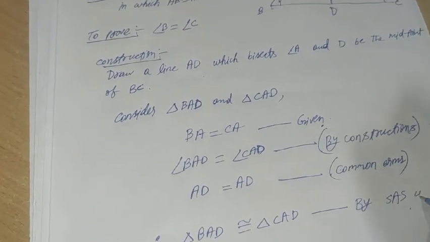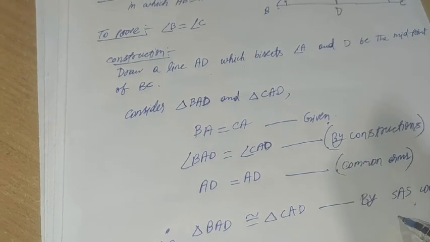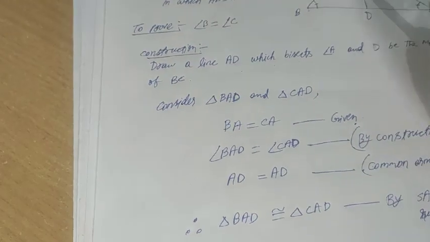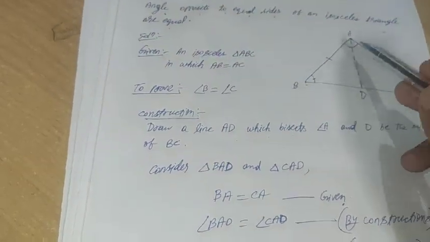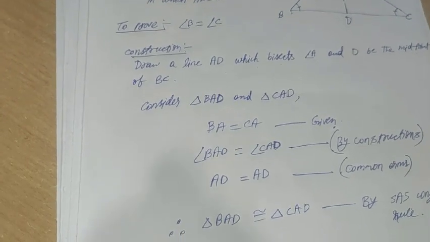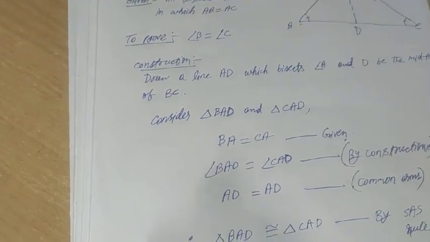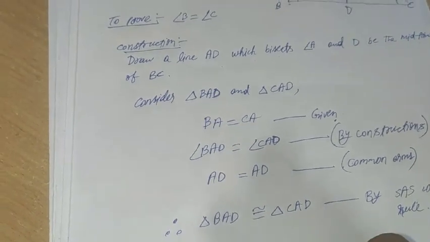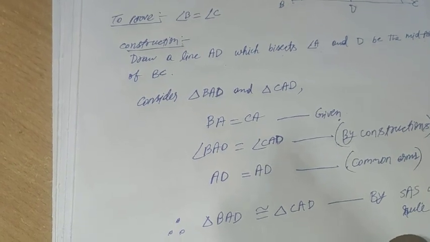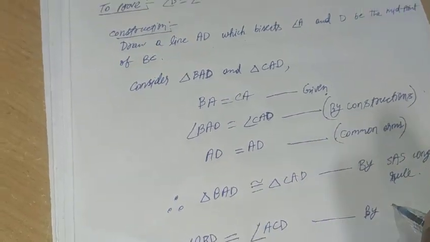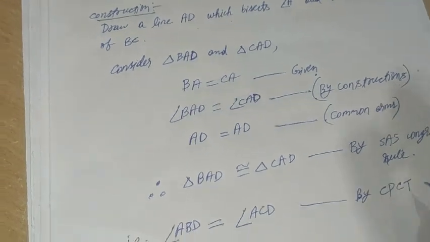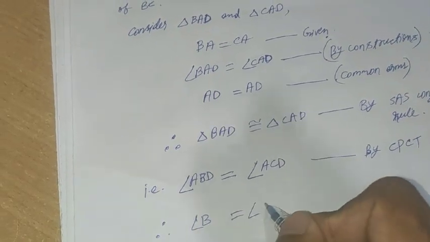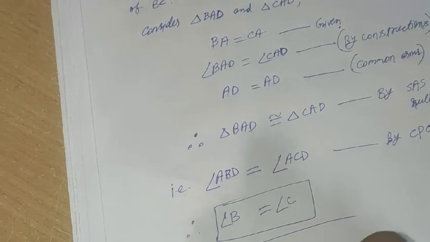Therefore, this angle is equal to this angle, that is, angle ABD is equal to angle ACD by corresponding parts of congruent triangles, CPCT. Therefore angle B is equal to angle C, and this is proved.